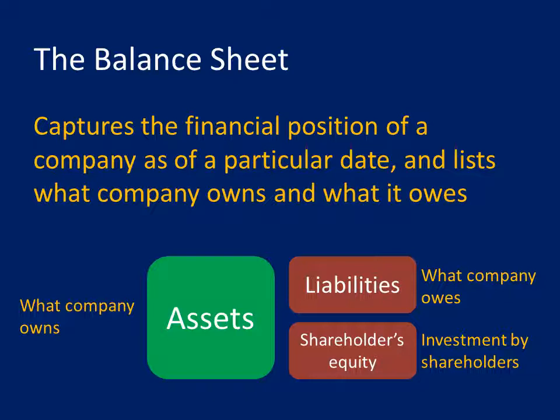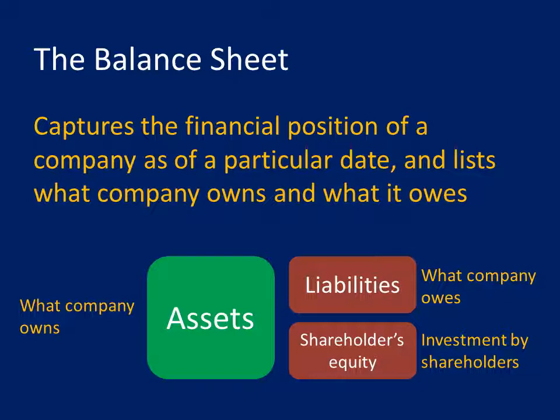The third part of the balance sheet is the shareholders' equity. This represents the owner's investment in the company and aggregate undistributed profits called retained earnings. The balance sheet must balance out at all times. That is, assets must equal liabilities plus shareholders' equity.